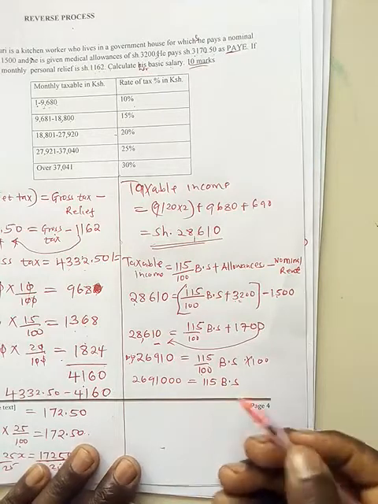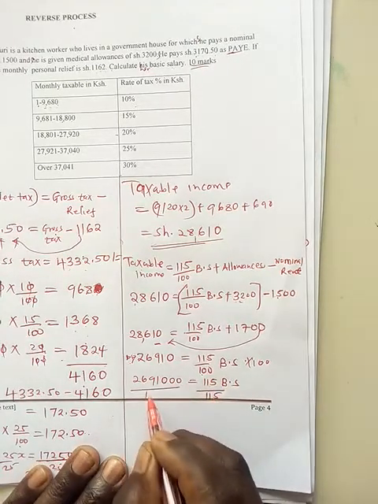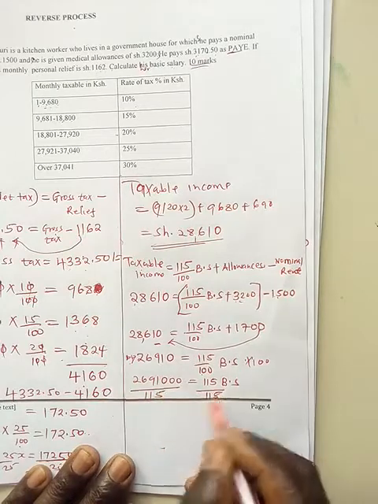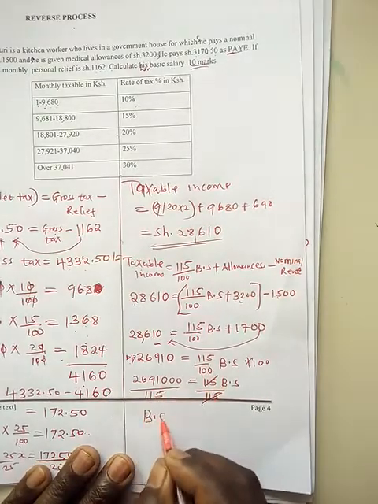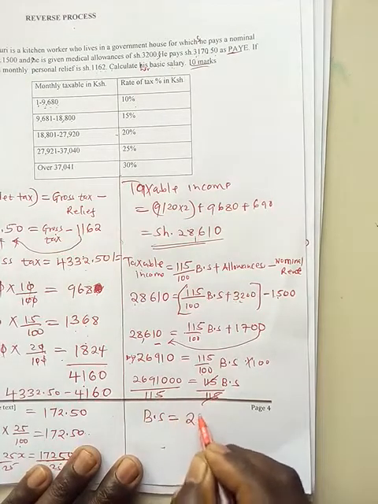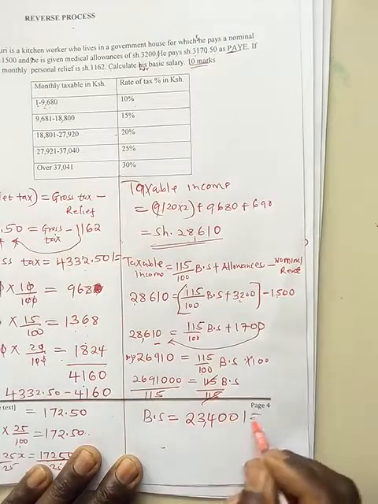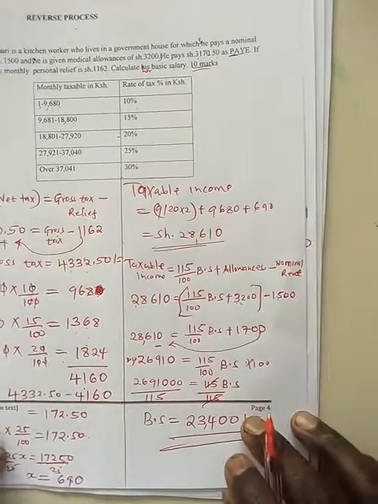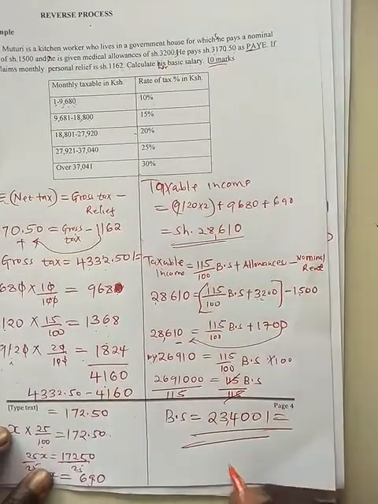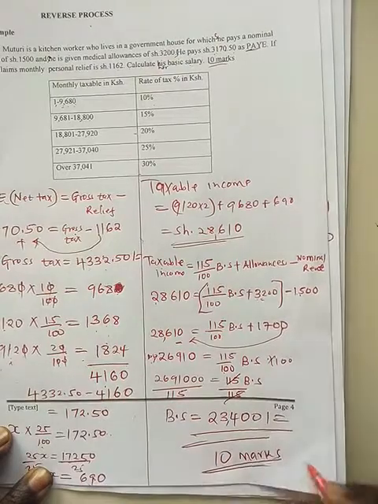Tunataka basic salary, so we divide both sides by 115. Inaisha. So if you divide by this, so basic salary now equal to 23,400 Kenya shillings. Hiyo ndio inaitwa reverse, my friend, na hapo unapata marks yako yote 10 marks, 10 marks for free.